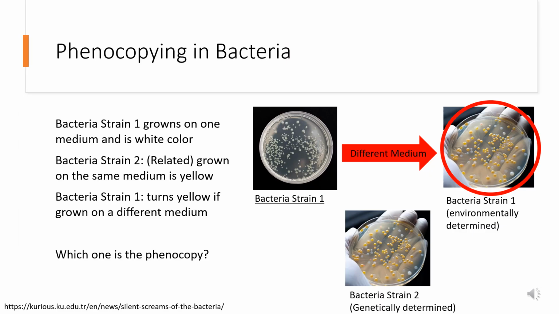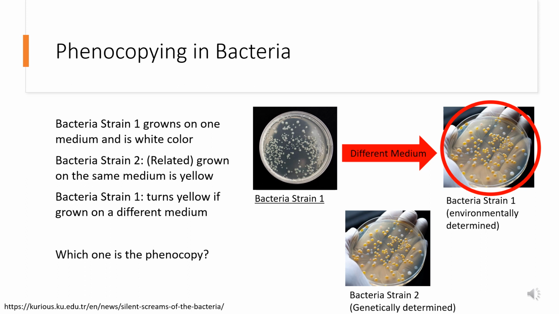I'm going to shine light now on an example that the text, the article, used about phenocopying in bacteria. Now, bacteria comes in all different shapes and sizes and colors, and it can be a really good way to study phenocopying. For instance, in this example, we see that bacteria strain 1, which is a bacteria that grows on a specific medium, is the color white.